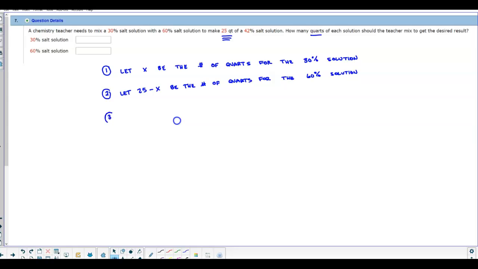And then part 3, it's got to be able to make 25 quarts of the 42% salt solution.